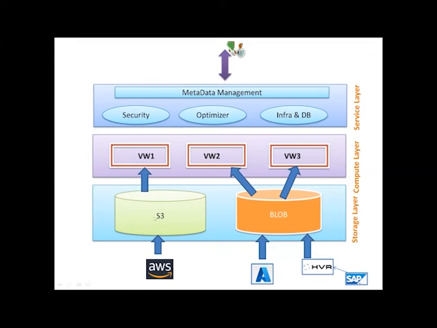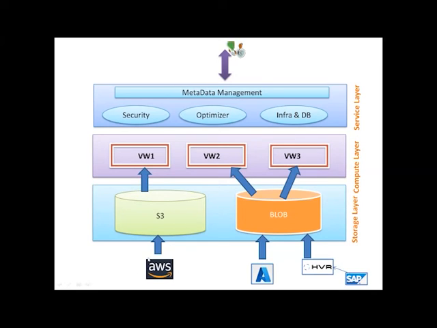Underneath we have different storage, from where the virtual layer picks the data and gives the information to the client or the user. For example, at the bottom we have data coming from AWS, data coming from Azure, or data coming from SAP. So we have three different clients here, or else one client with three different data sets.